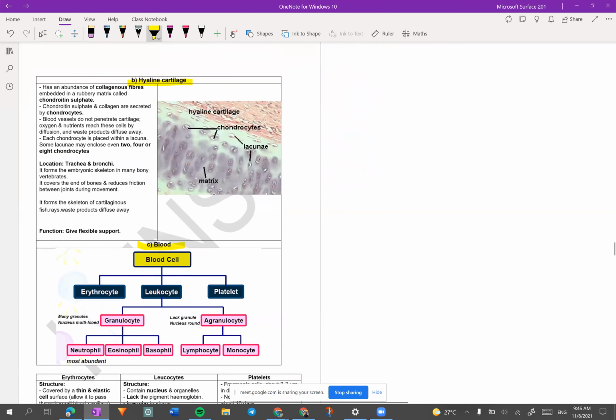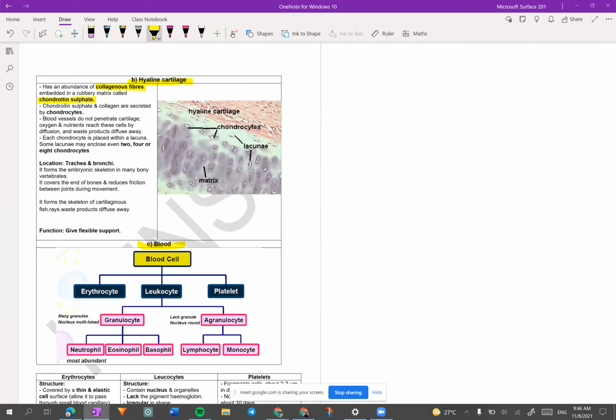Right. Next we look at hyaline cartilage. Hyaline cartilage is also what you would call bone in everyday language, but it is the softer bone. So it has a lot more collagen, and the matrix itself, besides collagen, has chondroitin sulfate.